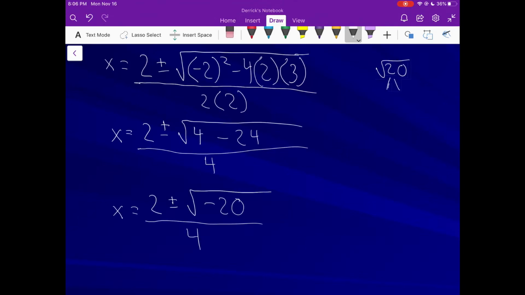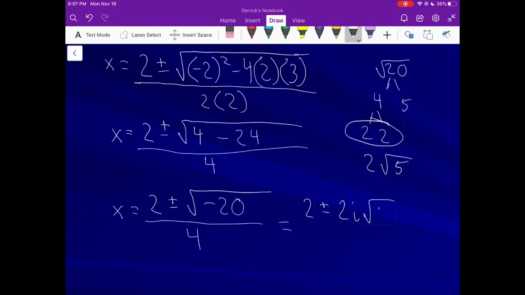I'm going to use 4 and 5. And we know 4 square roots perfectly to 2, or we get 2 2's out of that. So the square root of 20 simplifies to 2 square root of 5, which means then -20 simplifies to 2i square root of 5.